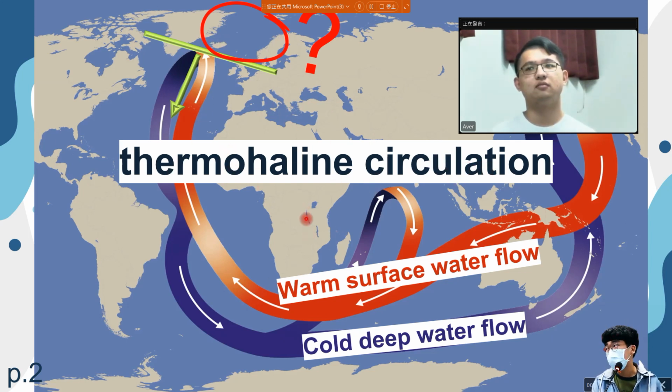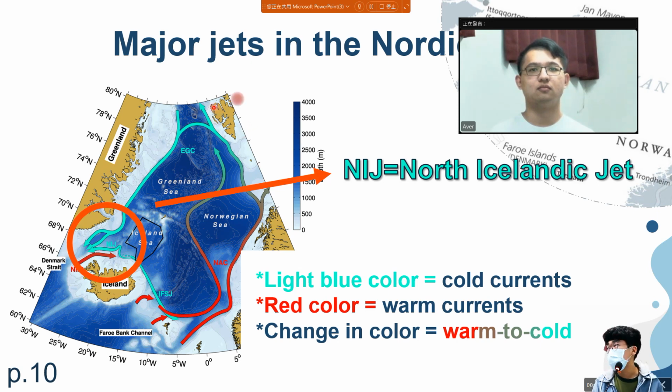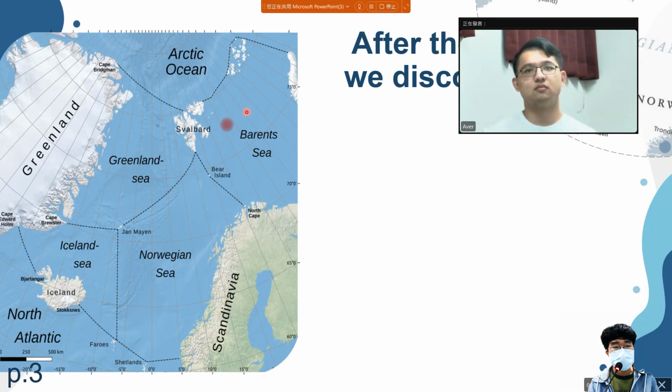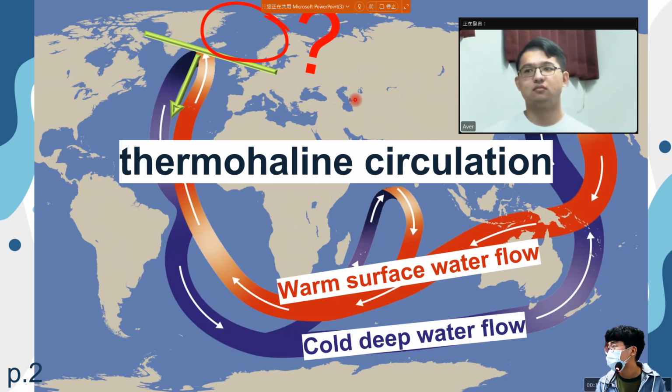Because this is a big range figure, and in here this is just a small figure. So this is the current of the Nordic Sea here. So it doesn't mean that the thermohaline circulation is not the same meaning as the data.